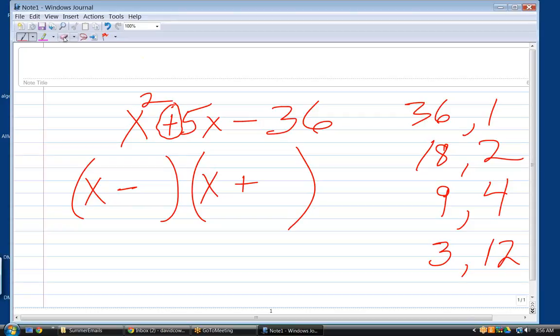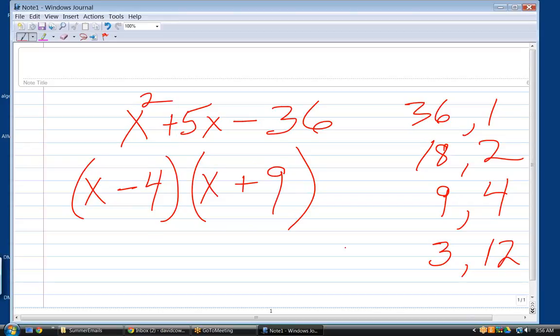So it's huge what these two signs are. The most important part of this quadratic is this sign and this sign. Okay? So the 9 needs to go with the plus sign because the middle term has a plus sign on it. Notice why.